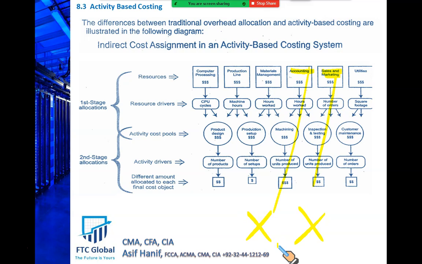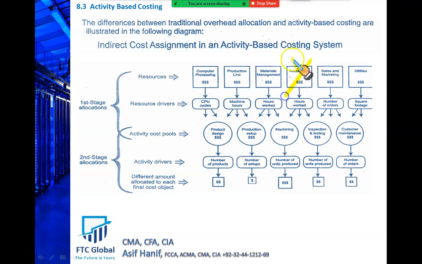This is 100% ABC in its true spirit, in its true sense. That first you identify resources, then you identify resource drivers. Through these you establish cost pools. I'll let you know how they are established. And then through these cost pools we identify some rates through activity drivers and transfer the cost to the end products. I'll explain. Now we can make this model work to become compatible with IFRS and US GAAP.